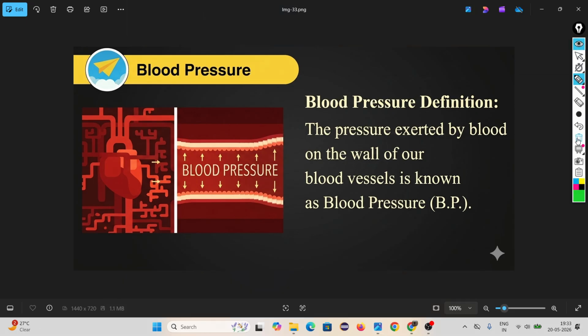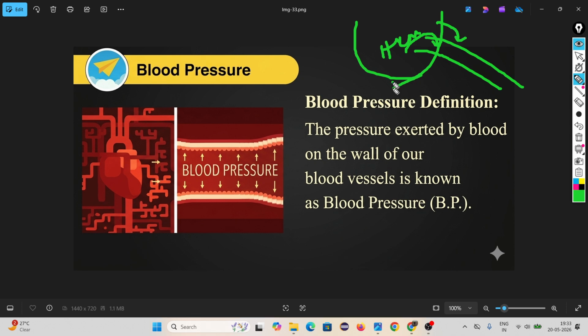Blood pressure means, look, how blood is going inside the artery. For sending blood into the artery, our heart puts some pressure inside the artery.